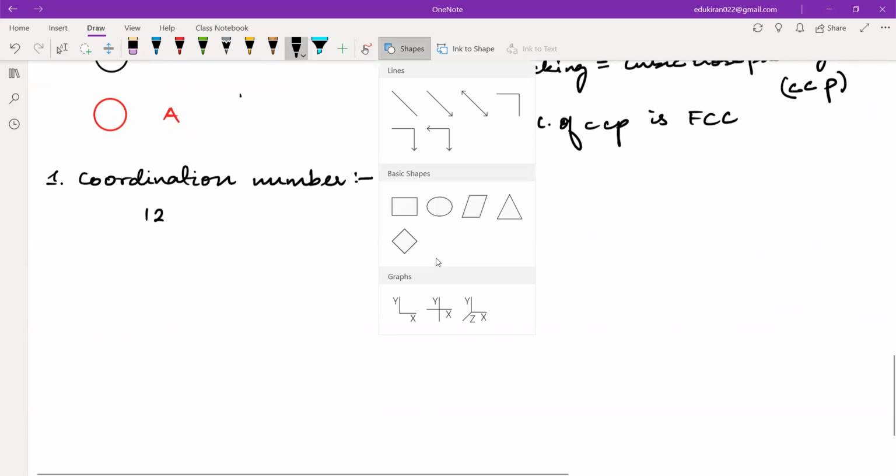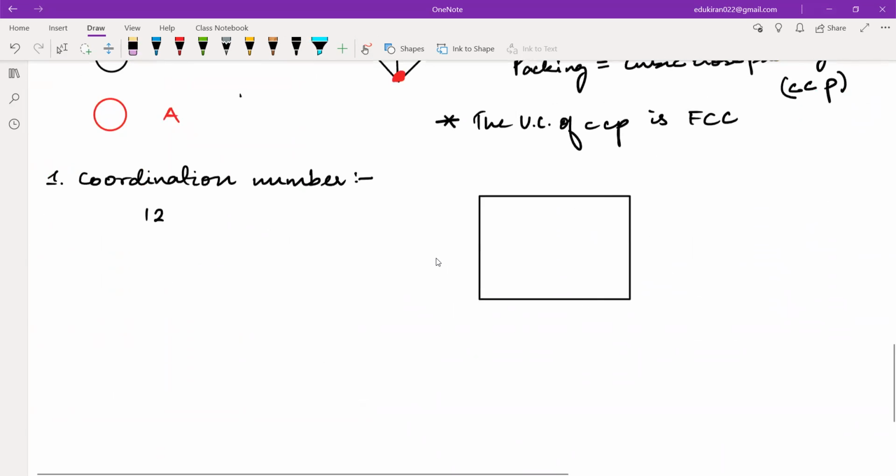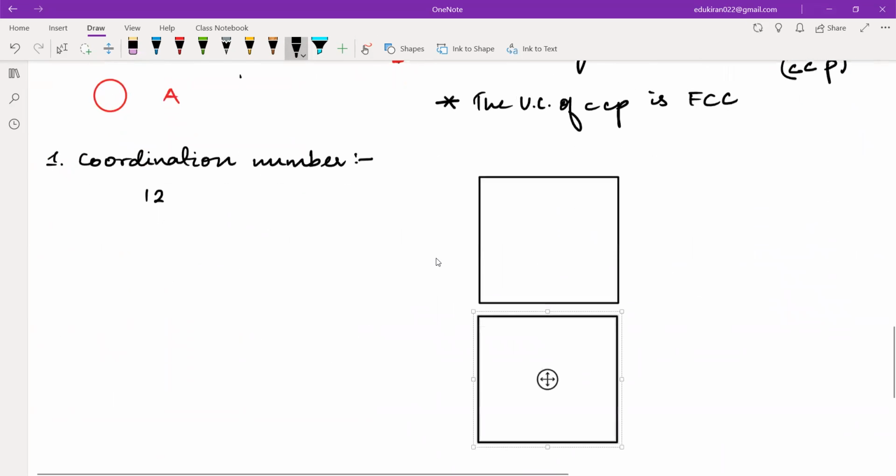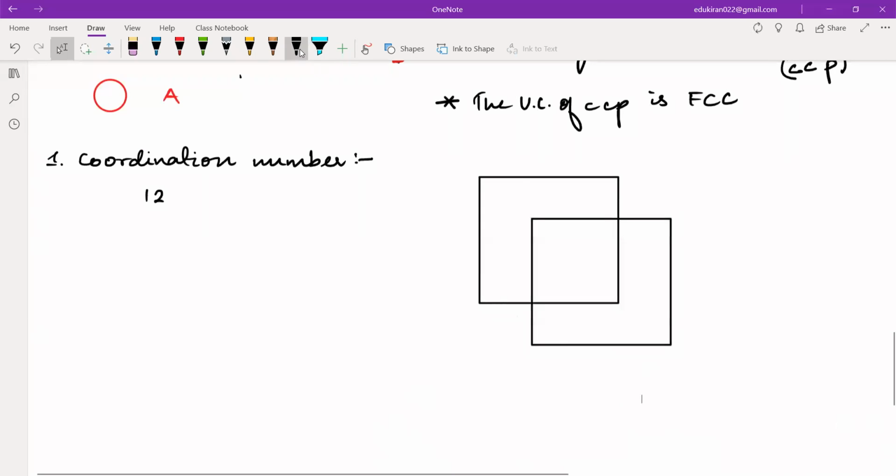Let me first of all make a face-centered cubic like this, in this manner. So here we have a black atom.